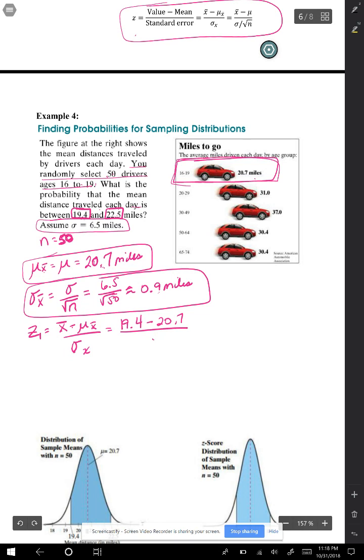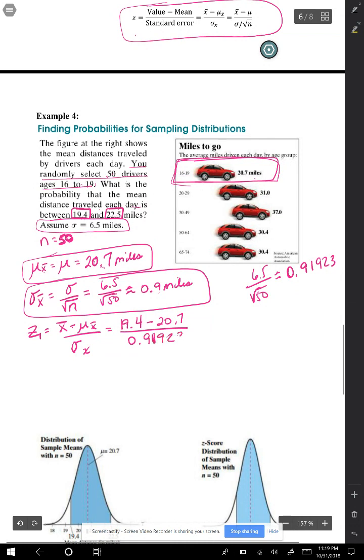So what you need to make sure you do here is either put in the 6.5 over square root of 50 down here, or to make it a little bit easier on you, do 6.5 divided by square root of 50. Even though I rounded my answer to 0.9, I need to actually keep a bunch of decimal places. So I'm going to put 0.91923. So instead of just putting 0.9 here, we're going to keep about 5 or 6 decimal places.